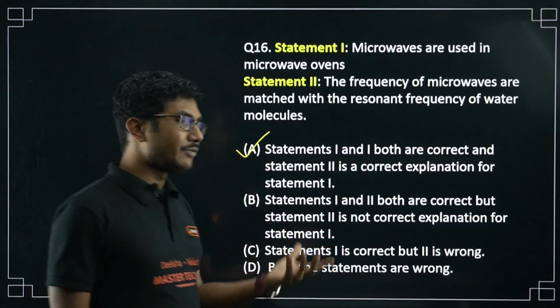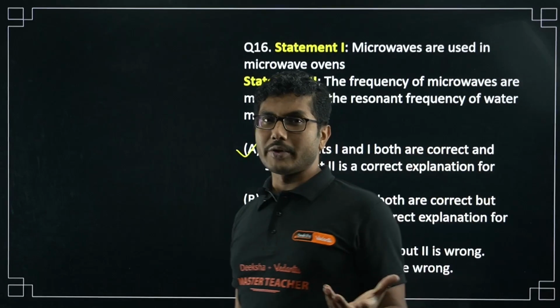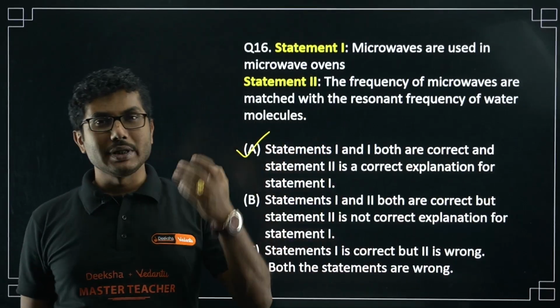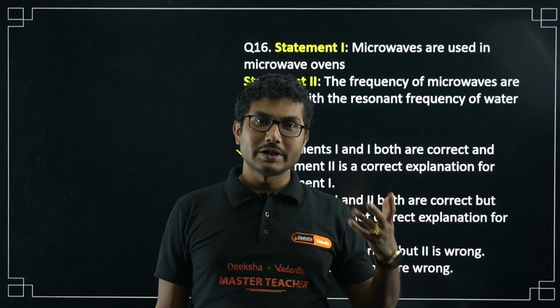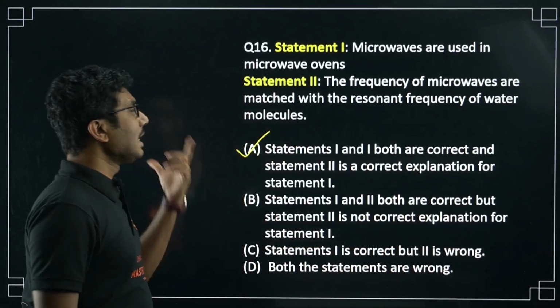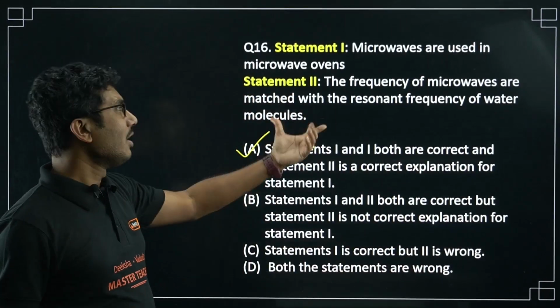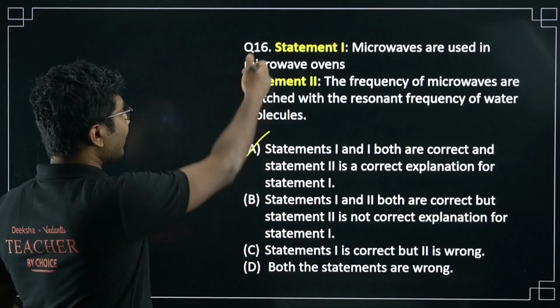So if you put something which has some water in it inside the microwave oven, the microwaves will heat up the water present in the food, and slowly that heat will be transferred to other food particles as well. So this is the correct statement, and this is how a microwave functions. So it is the correct explanation.